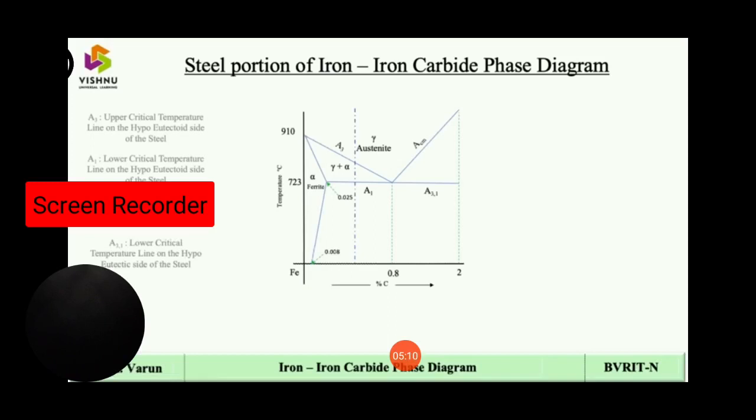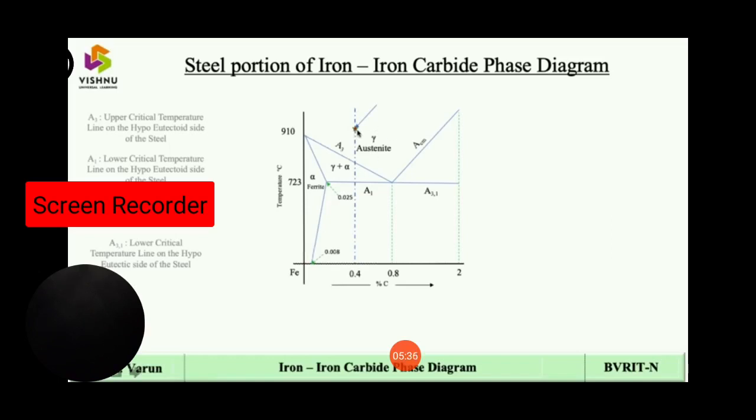Now, if we take an alloy composition at 0.4% of carbon, and we try to understand the microstructure or the cooling of this 0.4% of carbon, something like this.